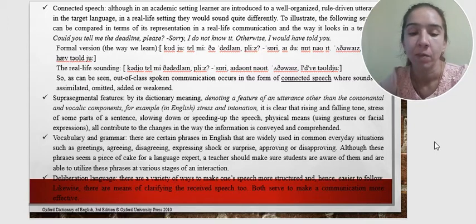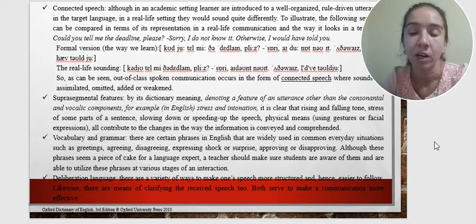A suprasegmental feature denotes a feature of an utterance or a sentence other than the consonantal and vocalic components, for example in English, stress and intonation.